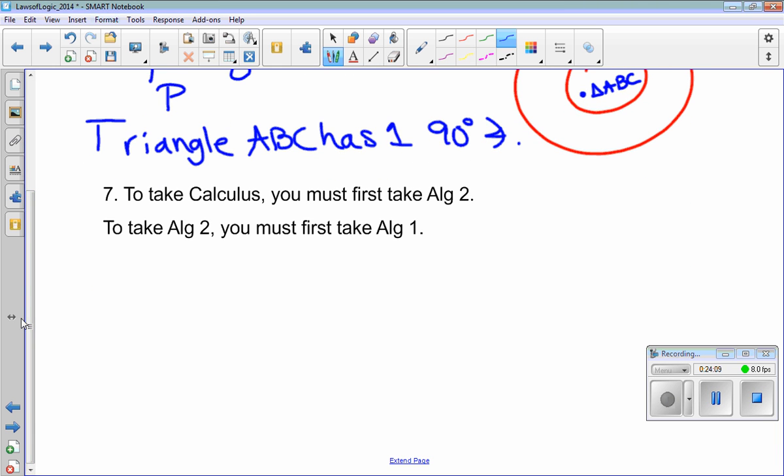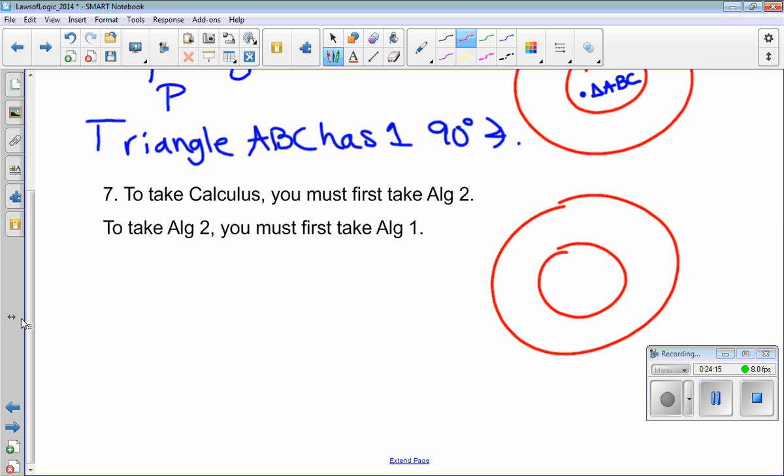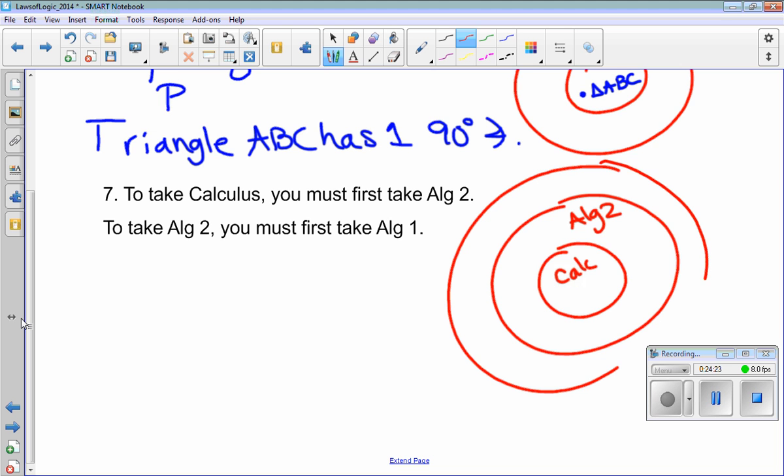Let's hop down to number 7. To take calculus, you must first take algebra 2. So to take calculus, you must take algebra 2. To take algebra 2, then you must take algebra 1. Is this a valid law of, what's the word?